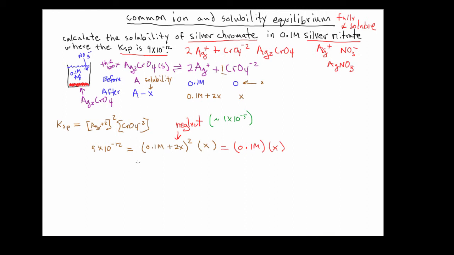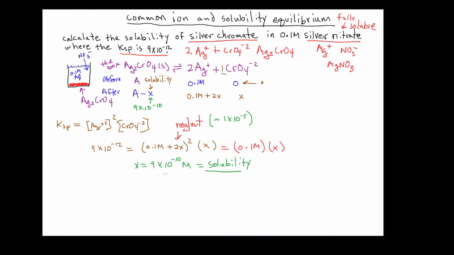So going ahead and finishing, we find that x is equal to 9 times 10 to the minus 10th molar. So this is the solubility of the silver chromate. This is the x value, and I'm going to move this up here so it's very clear. So this is 9 times 10 to the minus 10th for that x value.